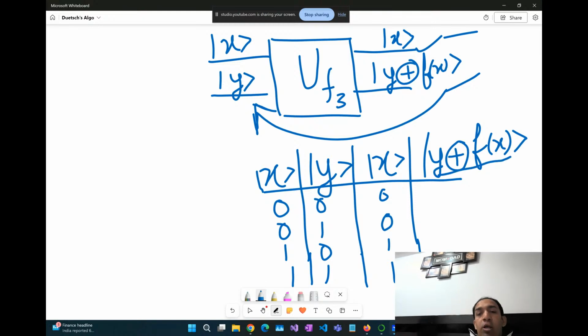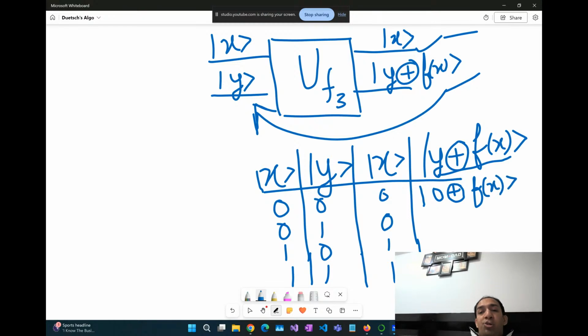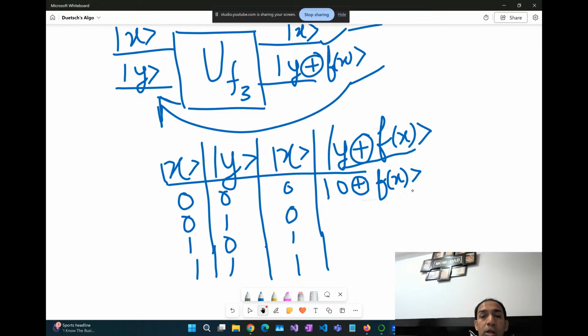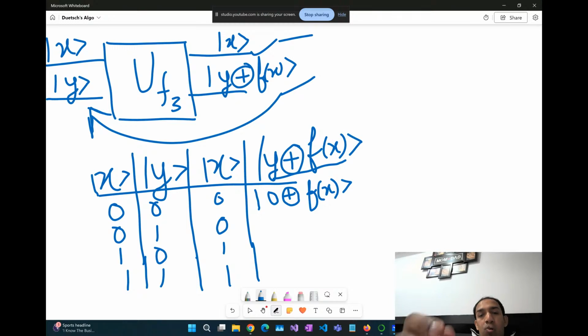So if you think carefully, y is 0 in this case, right, and f(x) is dependent on the function, which is f3 in this case. Now I will just move my screen a bit towards this direction to help you on that.